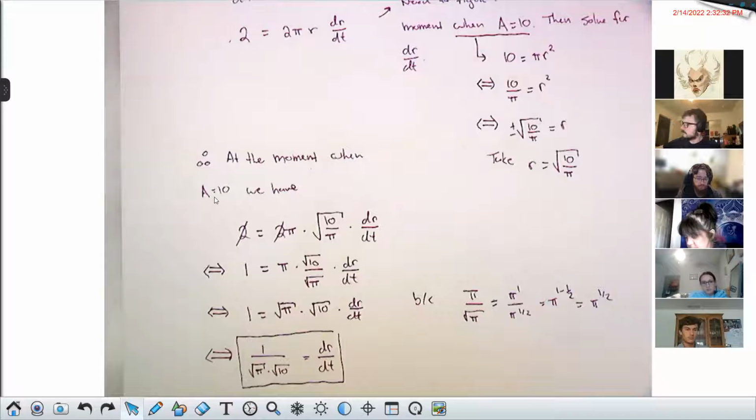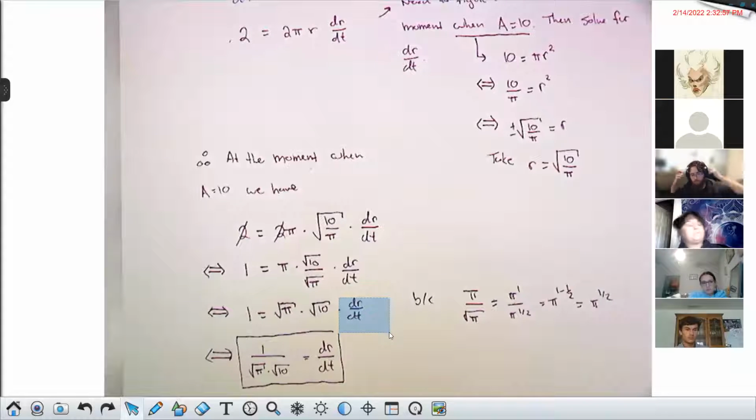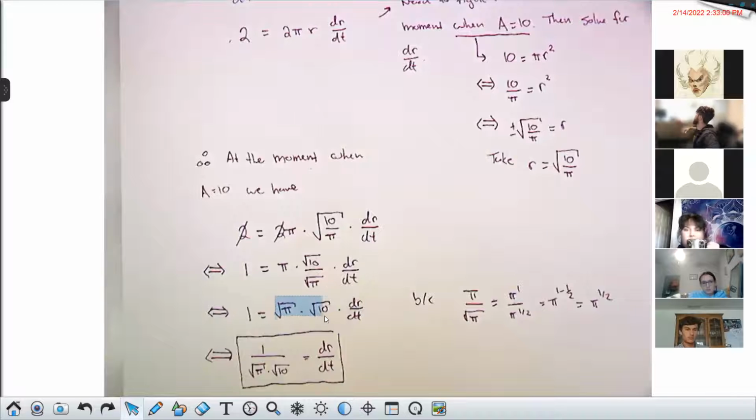Let me make sure I'm understanding the question. Are we asking how we got this, or how we got from here down to here? I took this relationship right here, 1 equals the square root of pi times the square root of 10, and I just divided both sides by root pi times root 10. Both of these constants are multiplying the thing I want, so if I want to get it alone, I just divide both sides by this chunk. So the left-hand side is 1, and when I divide by those, it becomes 1 over root pi times root 10.